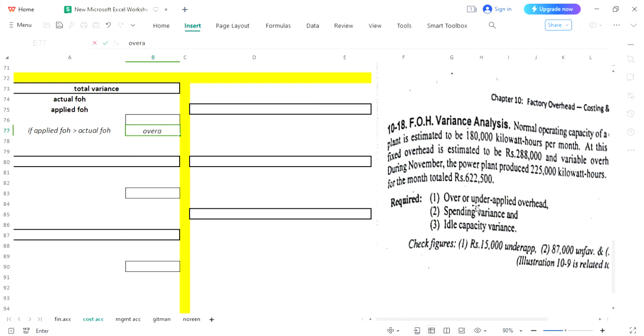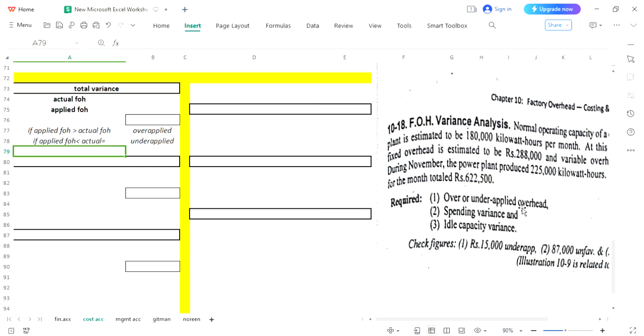And if your applied FH is less than actual, we will change the sign, and it would be called under applied. So in this way our first requirement would be complete.